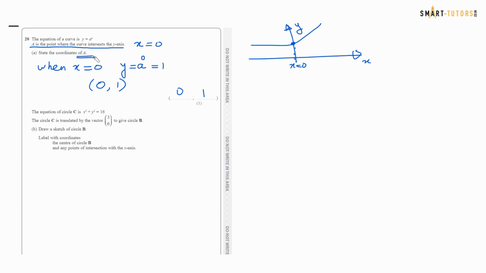Second part, the equation of a circle is x squared plus y squared equals 16. So we need to find out the center is 0, 0 and the radius is 4, because this is 4 squared.